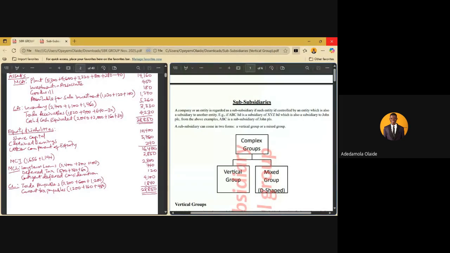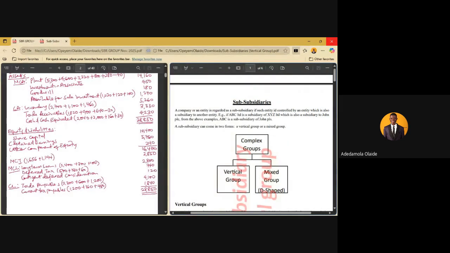If you remember, when we started learning group accounts, one of those conditions we said might warrant a parent company not to prepare consolidated accounts is where the parent company itself is a subsidiary to another company, and the ultimate parent has been informed and is fine with it, that they will prepare the consolidated accounts for all of the group.